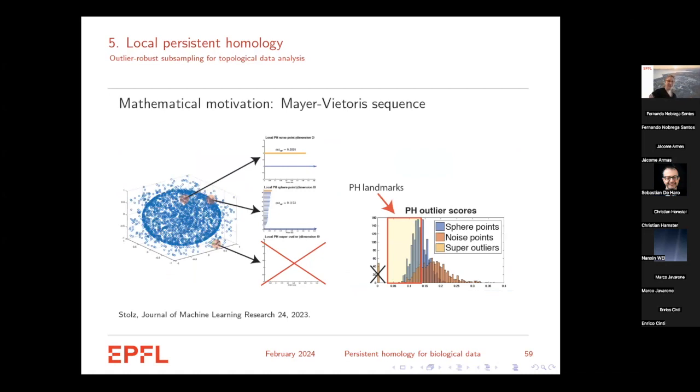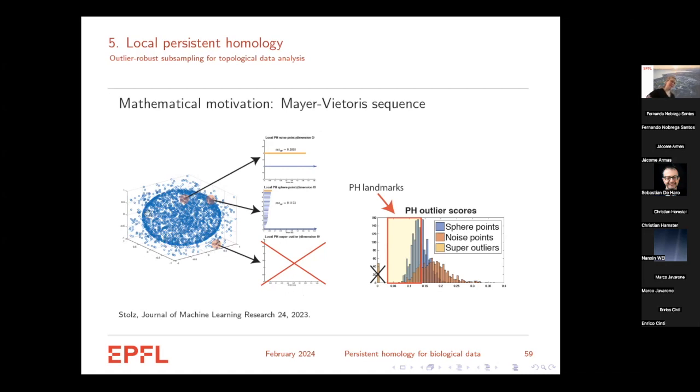So something that I did, where I'm not going to go into too much detail of the math, is use the Mayer-Vietoris sequence as a motivation to look at local computations of persistent homology, where we don't have issues from the computations, and then look at the barcodes, which can be very different for different types of points, and take out a measure to tell me how much of an outlier a particular point is.